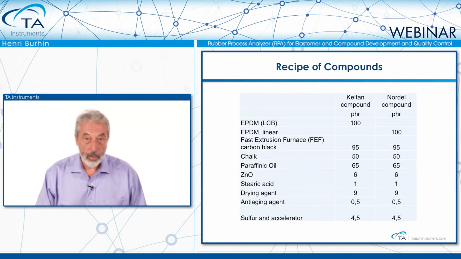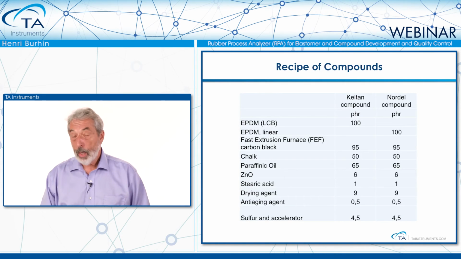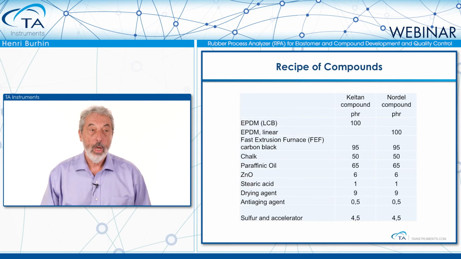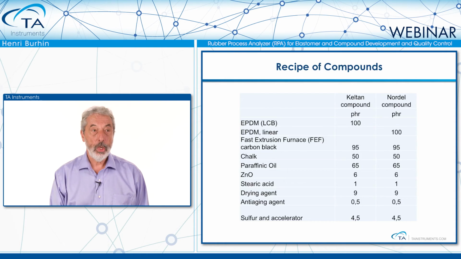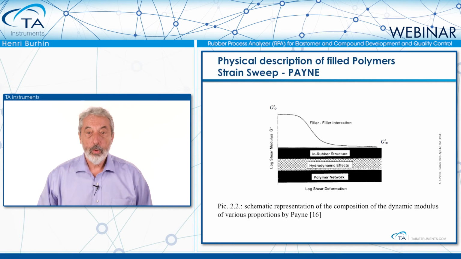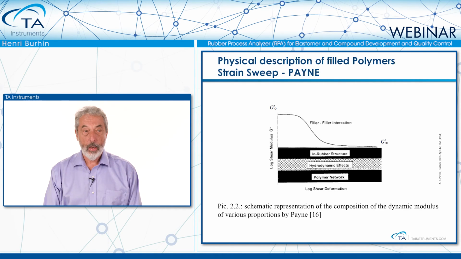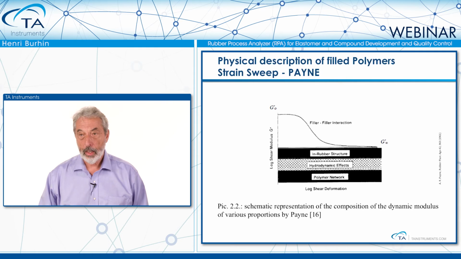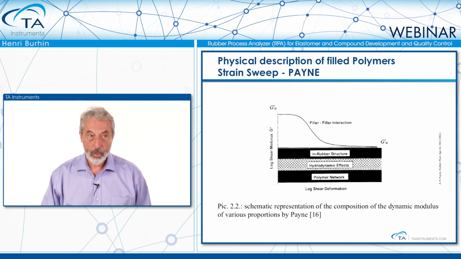So now we're going to mix these compounds under identical mixing conditions. We keep, of course, the same formulation, which is here. What is important to consider is that as soon as you add some filler to a compound, like carbon black or silica, especially reinforcing fillers, what you have is what is called a Payne diagram.